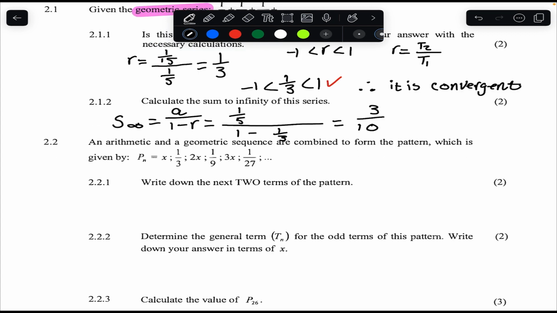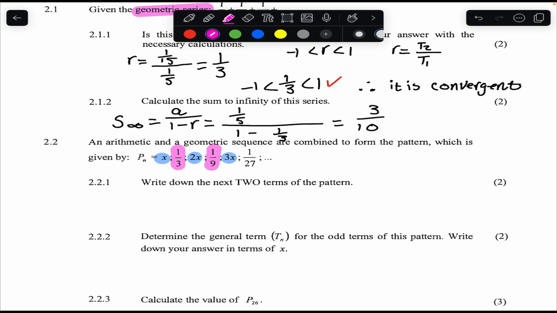So for 2.2, it says an arithmetic and geometric sequence are combined to form a pattern, which is given by Pn equals x, a third, 2x, a ninth, 3x, 1 over 27, and so on and so on. So here we need to immediately highlight that these are all represented by different terms, because this might help us in questions to come.